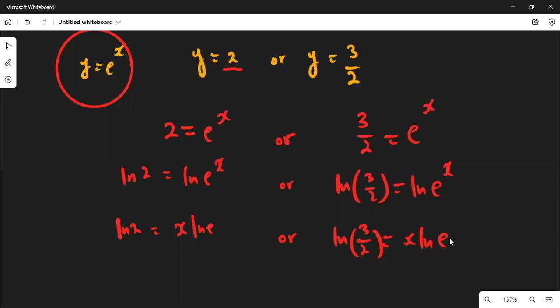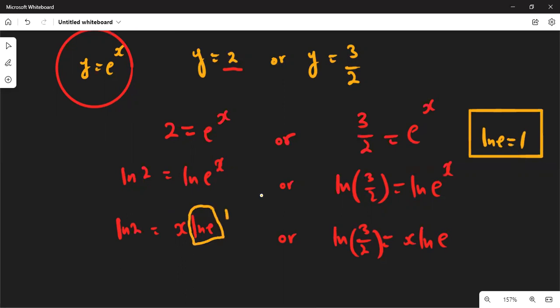All right. Which is very important because we know in mathematics that whenever we are working with this, ln e is actually equivalent to 1. So if we know this, that means here we can substitute this ln e that we have got here with 1.